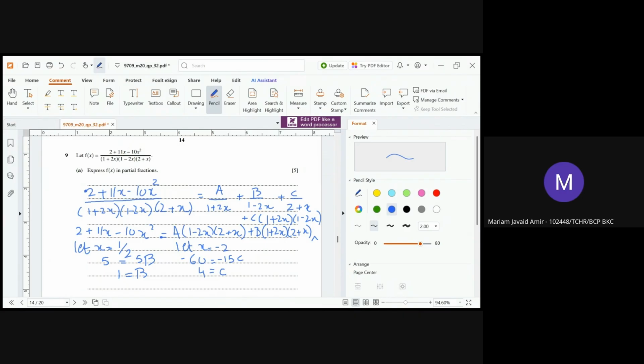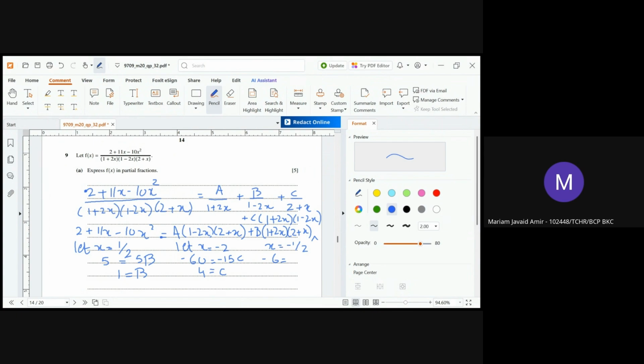Next, which bracket is now to be equated to 0? This one, 1 plus 2x. So when we equate this to 0, we get minus 1 equals 2x and x equals negative half. Substituting on the left hand side, we get negative 6.